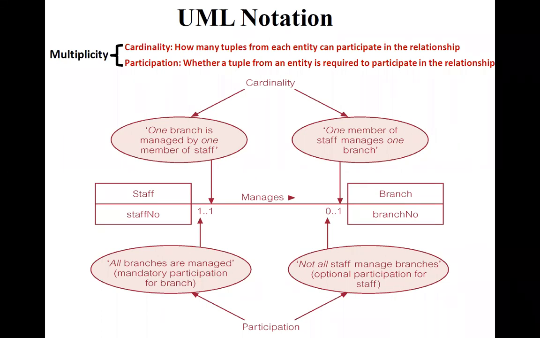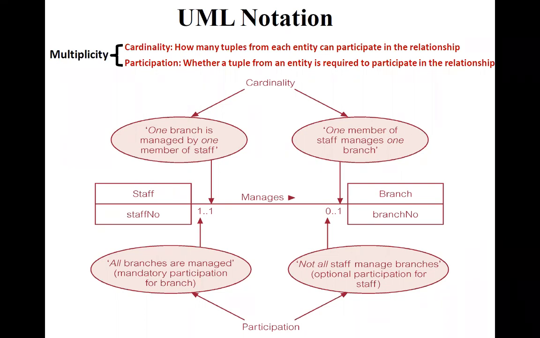Multiplicity is what we use to enforce, to implement the business rules. And business rules, business requirements are always our number one priority, right? So very, very important. And multiplicity can be broken up into two components, cardinality as well as participation.